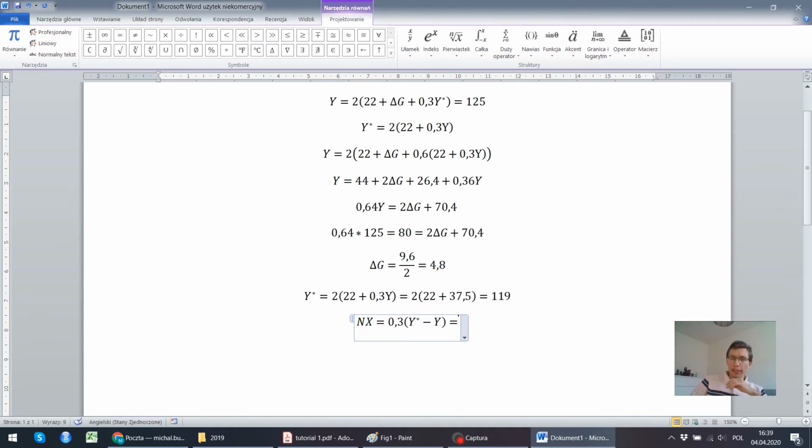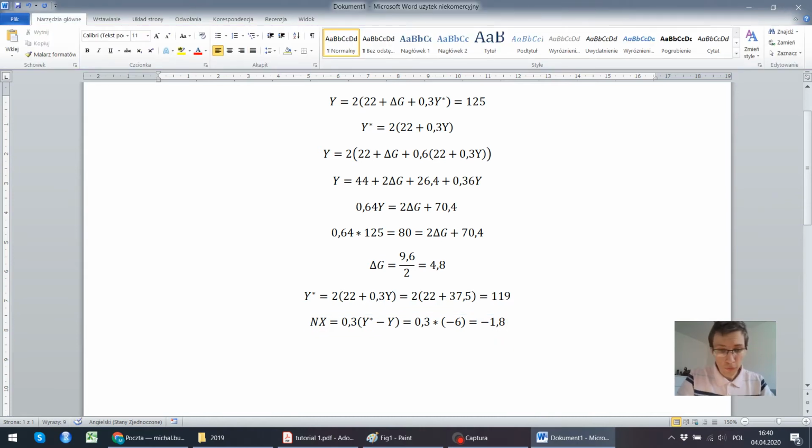So 0.3 times y star is the value of exports from the home country to the foreign country, and 0.3 times y is the value of imports. And since we see the difference between the equilibrium outputs, we of course expect that there will be a difference in net exports. So the net exports in the new equilibrium is equal to 0.3 times the difference between the two outputs, which is minus 6, and this is equal to minus 1.8.